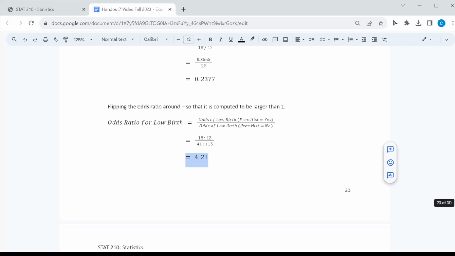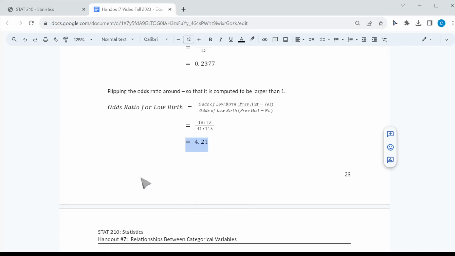So how do I interpret these odds ratios? It's going to be very similar to what we had when we looked at the relative risk ratios.